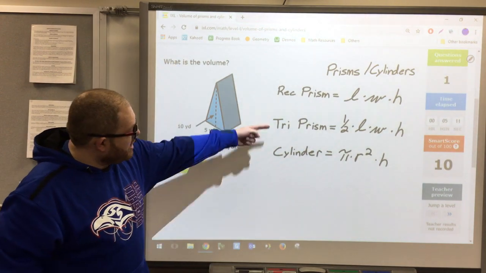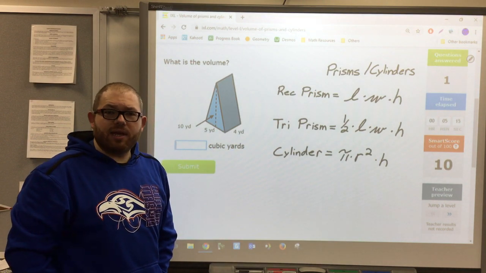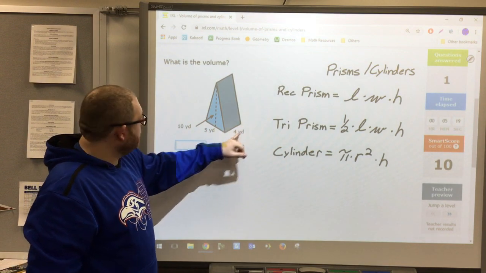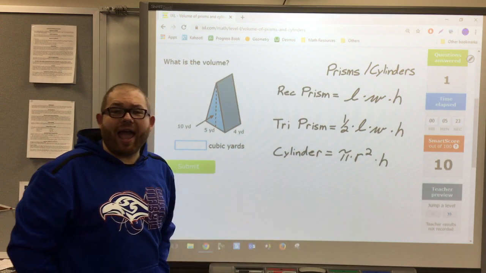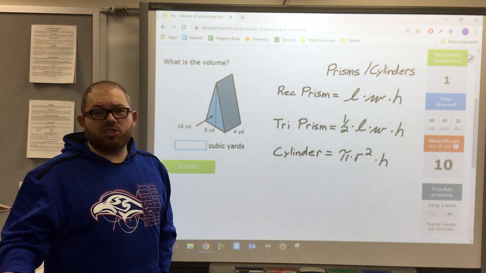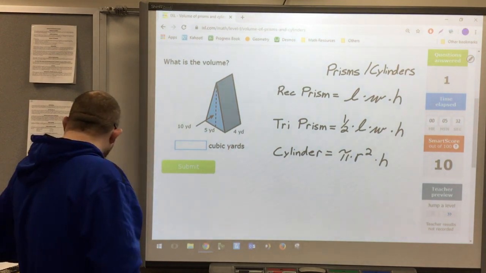So I'm going to be using this equation, 1/2 length times width times height. So I'm going to take the 5 times the 4 times the 10, but I'm also going to multiply by 1/2. You can take 1/2 at the beginning, or you can just divide by 2 at the end, whatever your preference is.